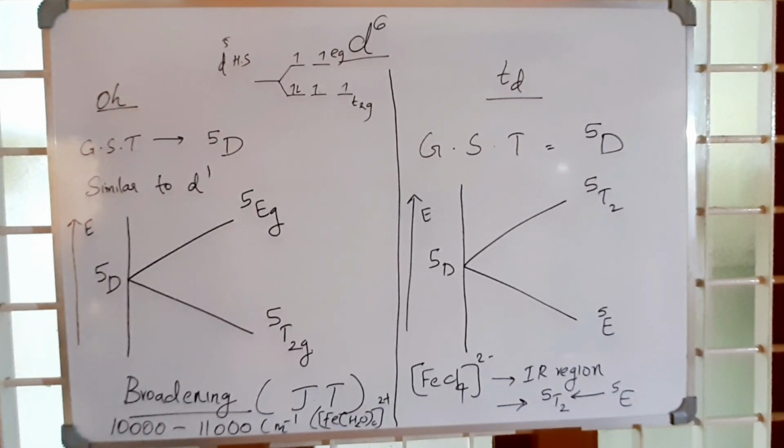[FeCl4]2- is colorless because absorption takes place in the near IR region. This much you have to remember about D6 octahedral and tetrahedral systems.